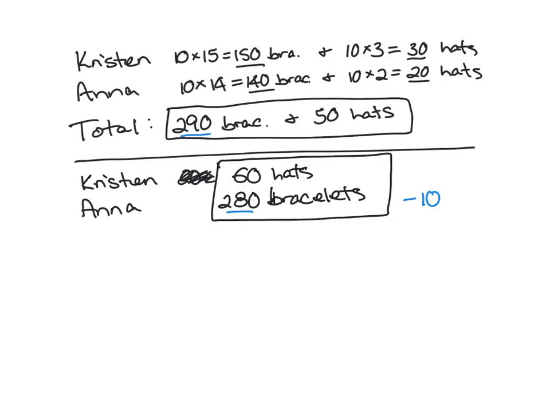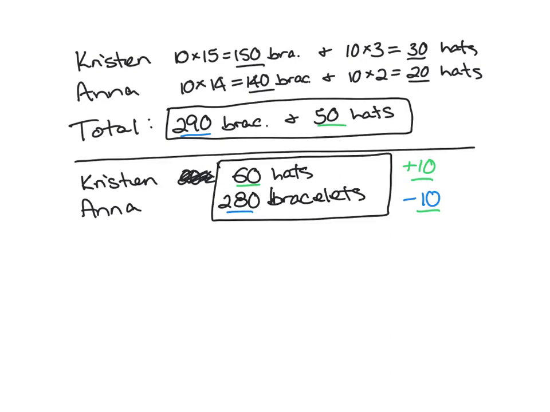But they make 10 more hats, right? 60 as opposed to 50, right? So they lose 10 bracelets, but they gain 10 hats. So to show that they're actually better off by specializing in their comparative advantage, we need to demonstrate that this gain of 10 hats is in fact worth more than the loss of 10 bracelets, right?